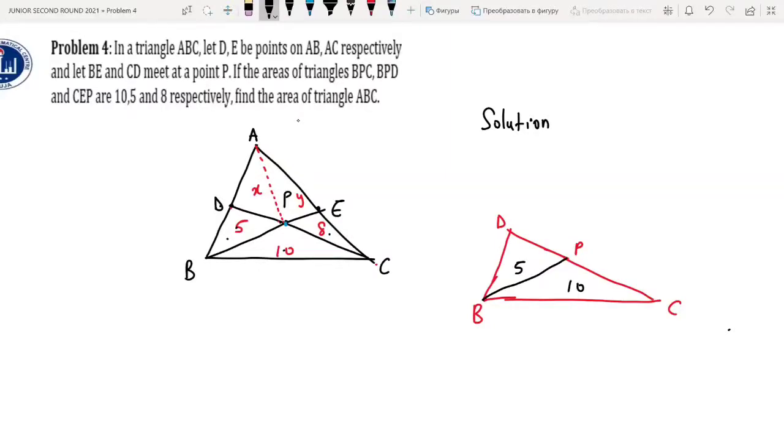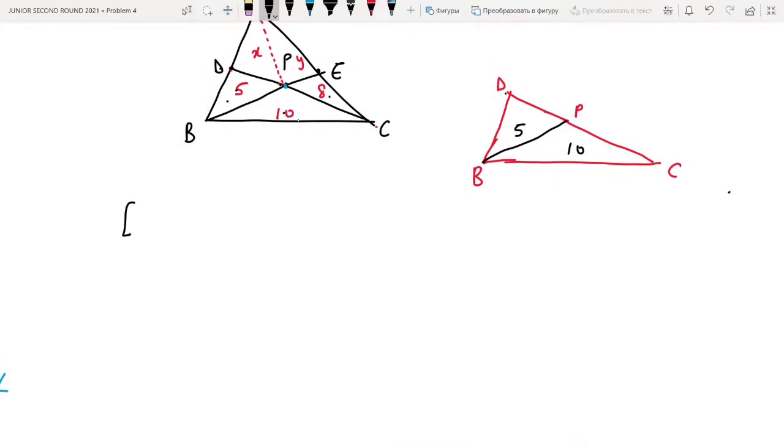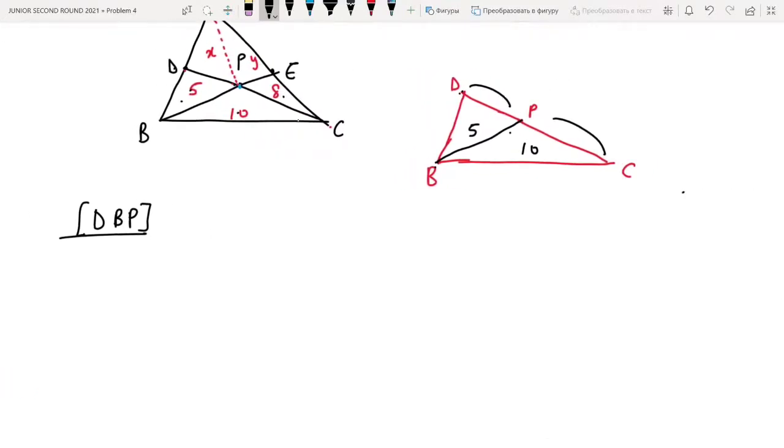Based on the lemma, what does it say? It says that since D, P, and C are three collinear points, and P is in between segment CD, the area of triangle DBP over the area of triangle PBC is equal to DP over PC. Now, according to what we are given here, the area of triangle DBP over the area of triangle PBC is 5/10.